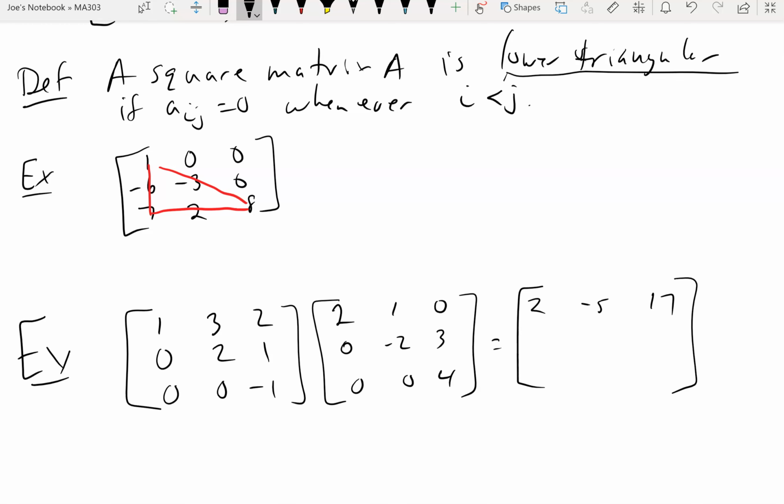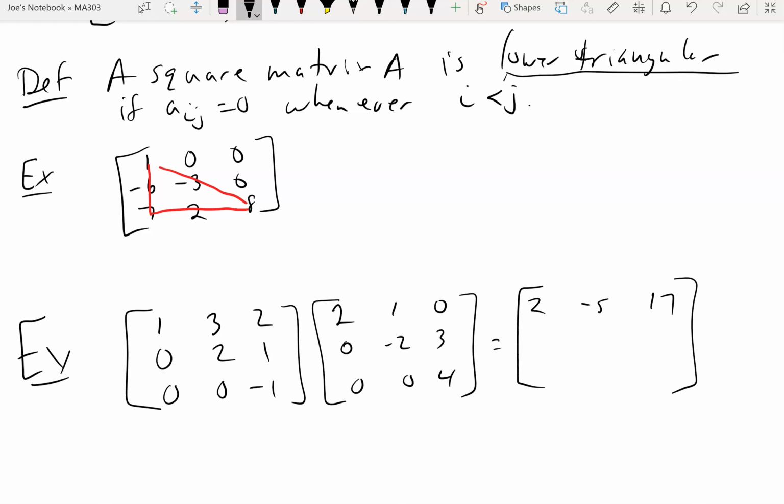All right, so that's not the interesting part, because I still had to do some computations. Notice I didn't have to do as many computations as I would have otherwise. Well, I know these two entries are 0. The only real entry that I need to multiply is the 1 and the 2, right? The other ones I know are going to be 0. So it actually saves some computations if I have these upper triangular. But notice what happens when we do the next entry.